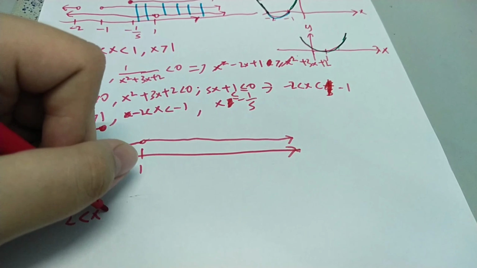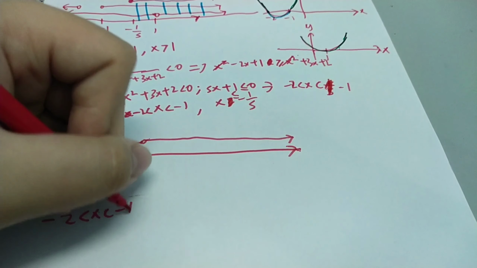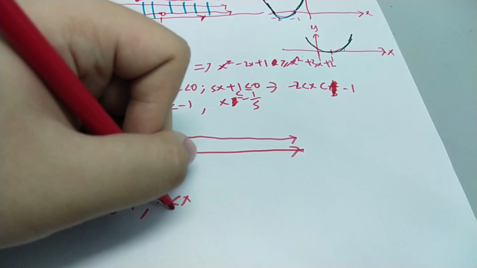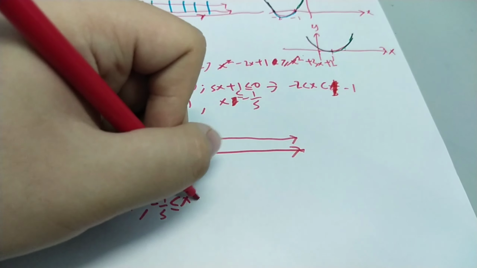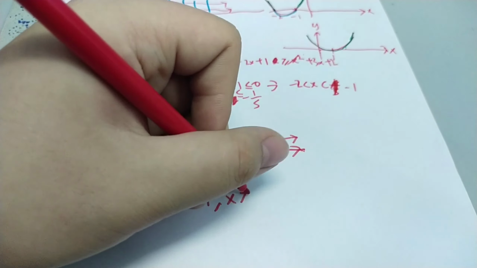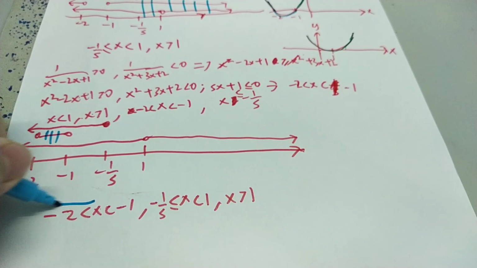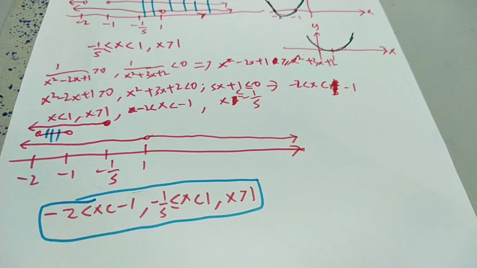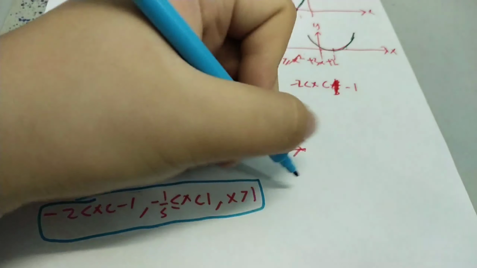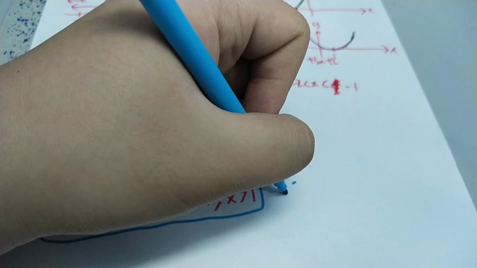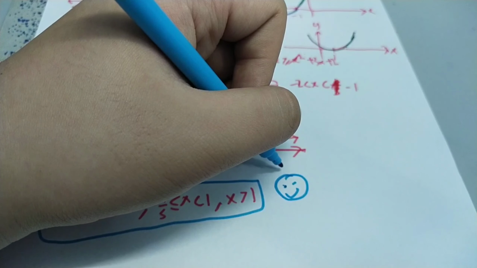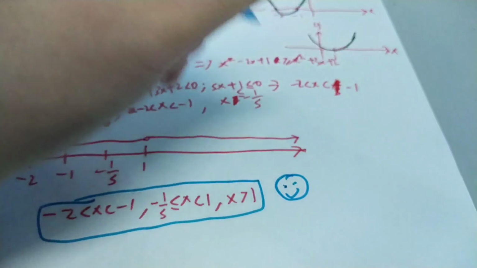X must be in between negative 2 and negative 1, or x must be in between negative 1/5 and 1, or x must be bigger than 1. We still got the same answer, which is a happy face. We get the exact same result.